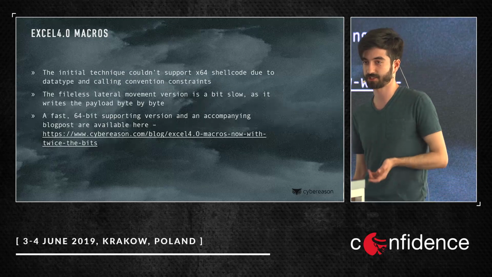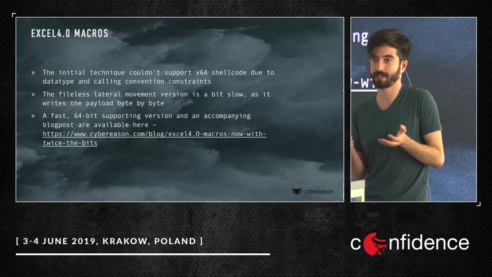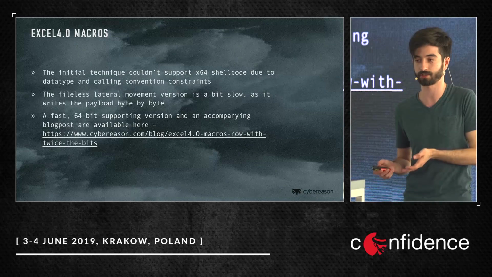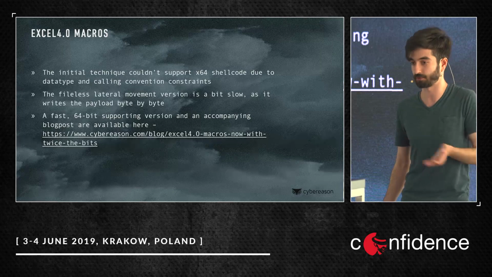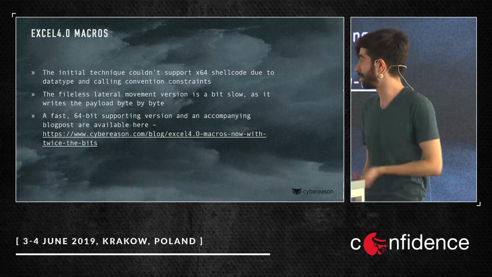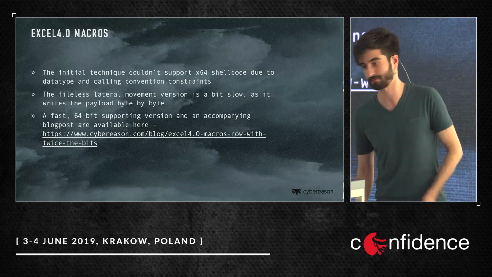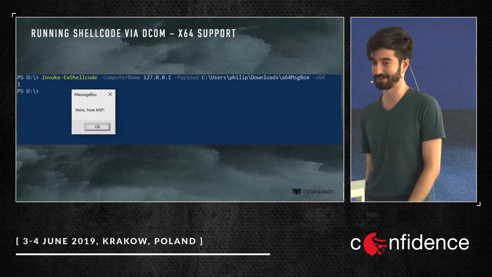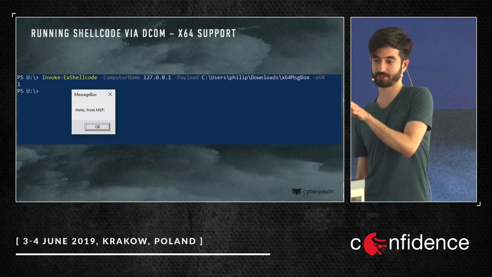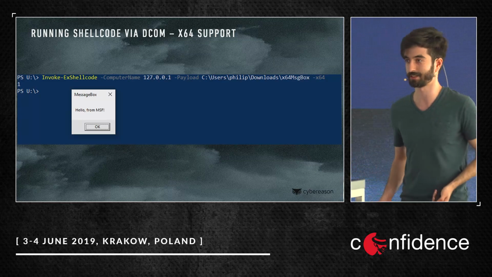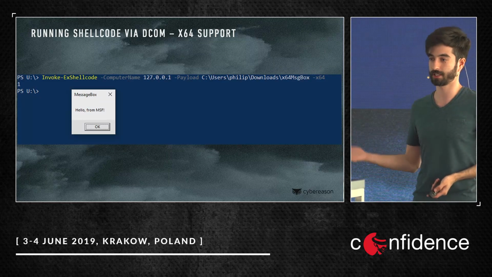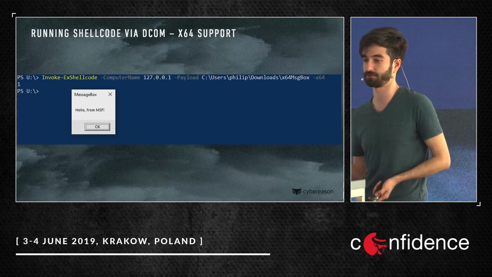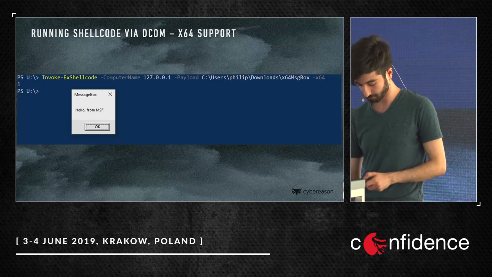But I've recently found out how to run 64-bit shellcode through Excel 4.0 macros on 64-bit Excel and have a short article about it if that interests you. Anyway, now I have Invoke-Shellcode, which allows you to run shellcode by Excel remotely, either on 32-bit or 64-bit versions of Office.